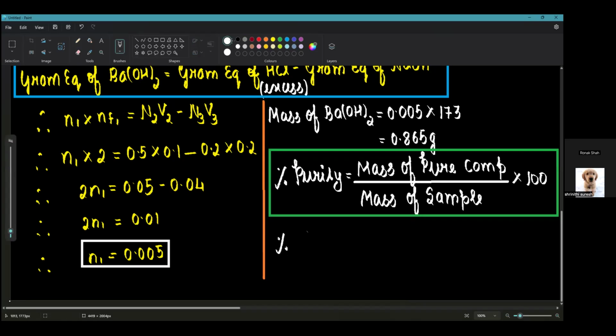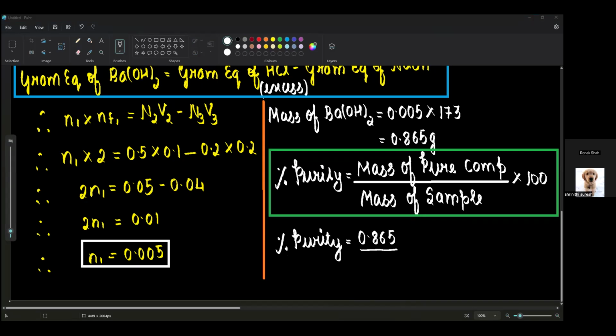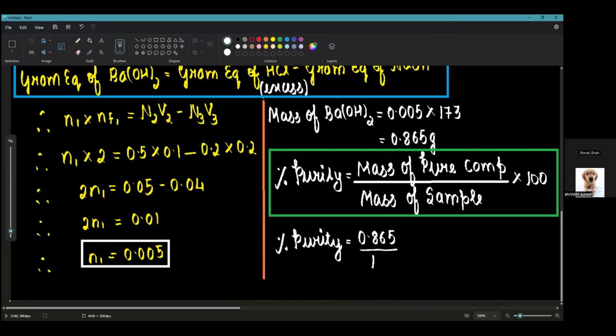So here, what will you write? Percentage purity. How much is the mass of pure compound? 0.865. How much is the mass of sample? The sample means the mass of barium hydroxide given at the start. What is the mass of barium hydroxide that they have given? It is 10 grams of impure barium hydroxide. So what is the answer you will get? 8.65.